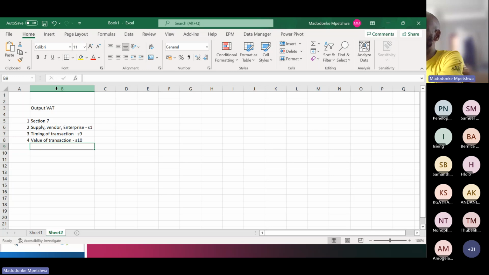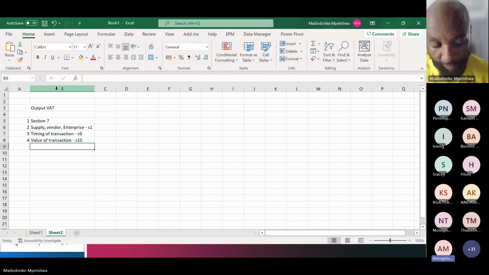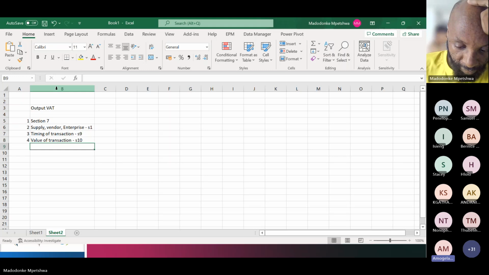Now, if we look at section 10 and look before you move to the value, so for exam purposes, when we have to be discussing the timing of a supply, do we maybe have to speak about how normally or generally we're looking at the earlier receipt or payment, and then afterwards discuss the specific section, or we just have to look at that specific section?